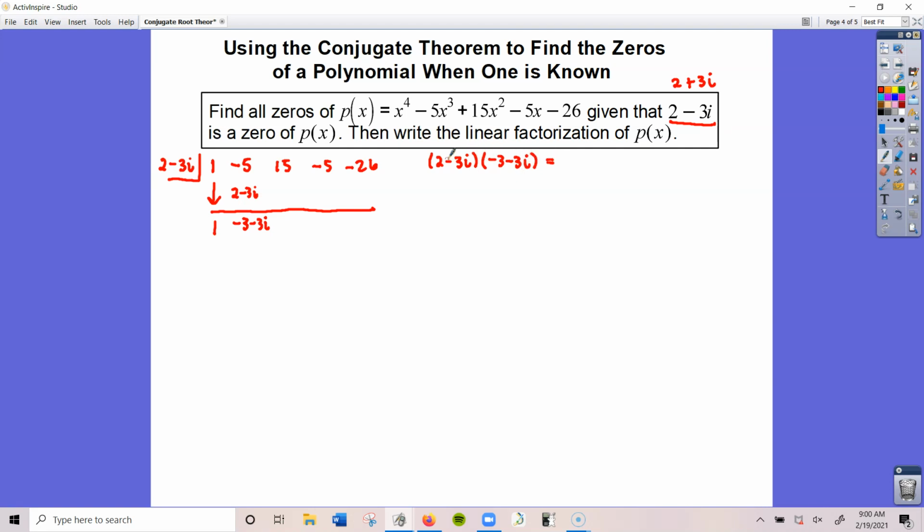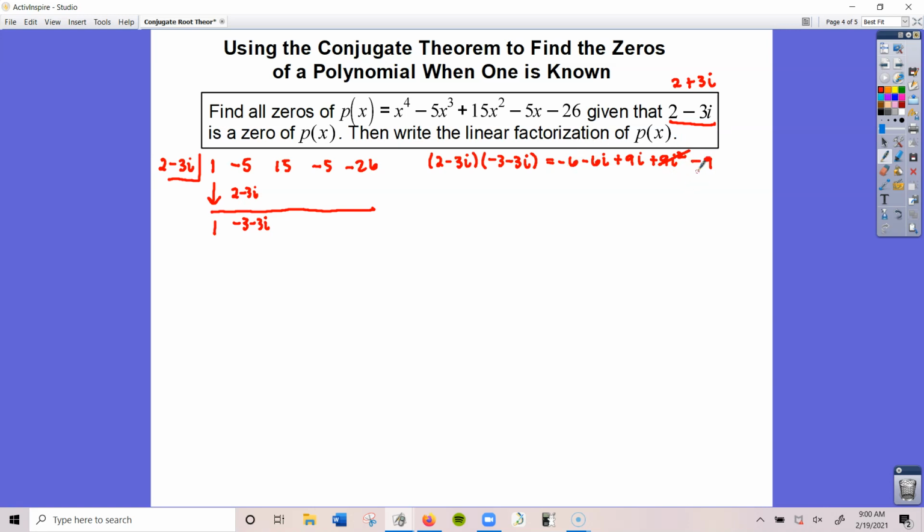which we have to FOIL. So 2 times negative 3 is negative 6. 2 times negative 3i is negative 6i. Negative 3i times negative 3 is positive 9i. And then negative 3i times negative 3i is a positive 9i squared, which becomes negative 9.